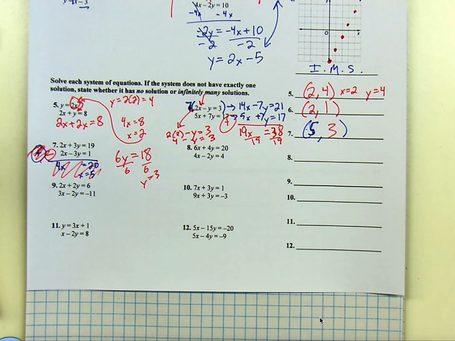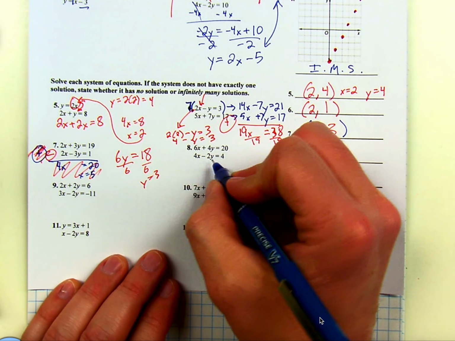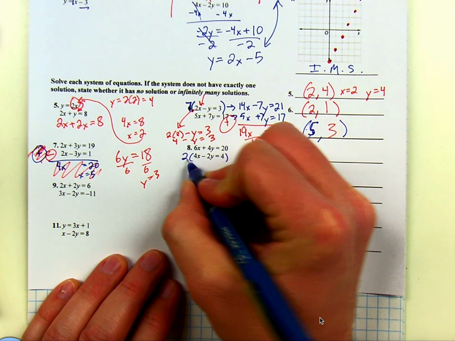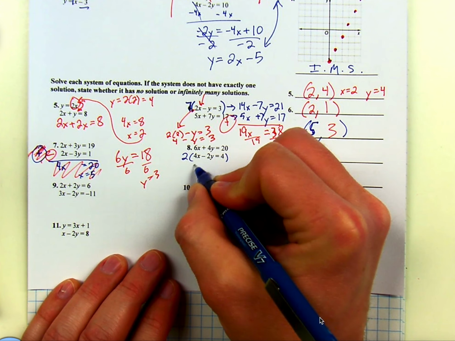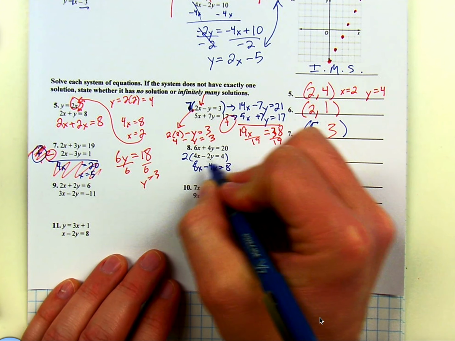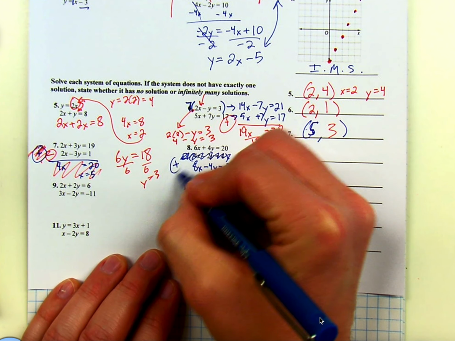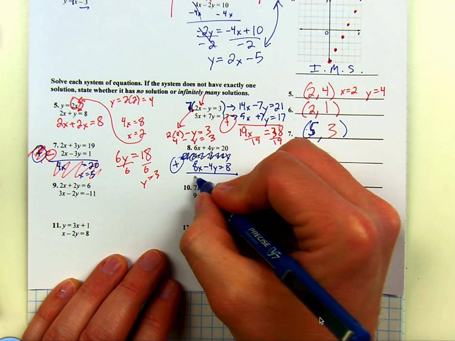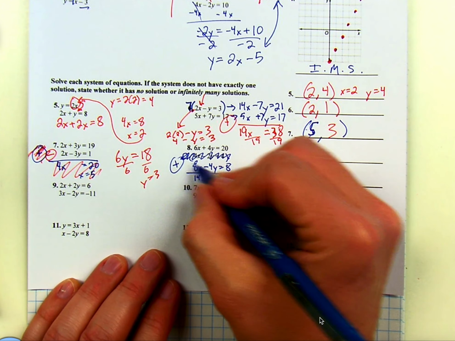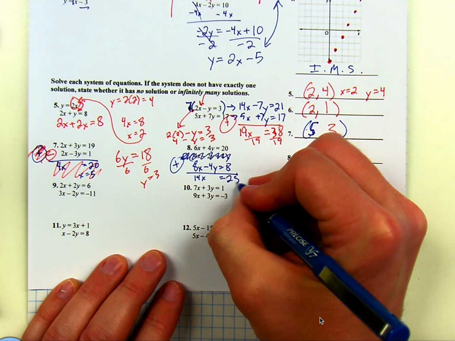I also think number 8 is going to be good for elimination. Let's just double the bottom one so that I have a match right here. So I'm going to make that 8x minus 4y equals 8. And then I'm going to add. 6x plus 8x is 14x. 4y plus -4y, elimination. 20 plus 8 is 28. Yay, it's divisible.